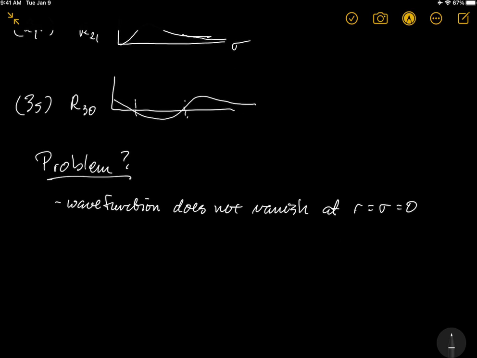Now, why is that a problem? It's a problem because at r equals 0, the Coulomb potential goes to minus infinity. And so we have to be extra careful when there's an infinity involved.